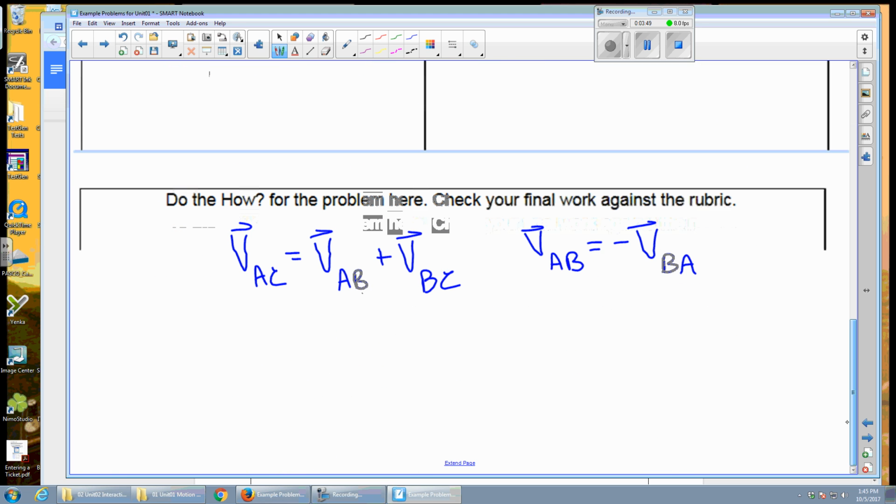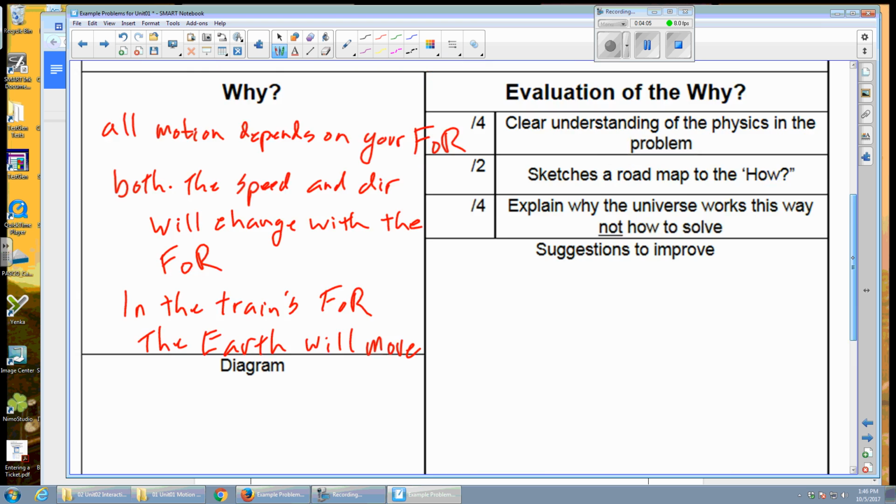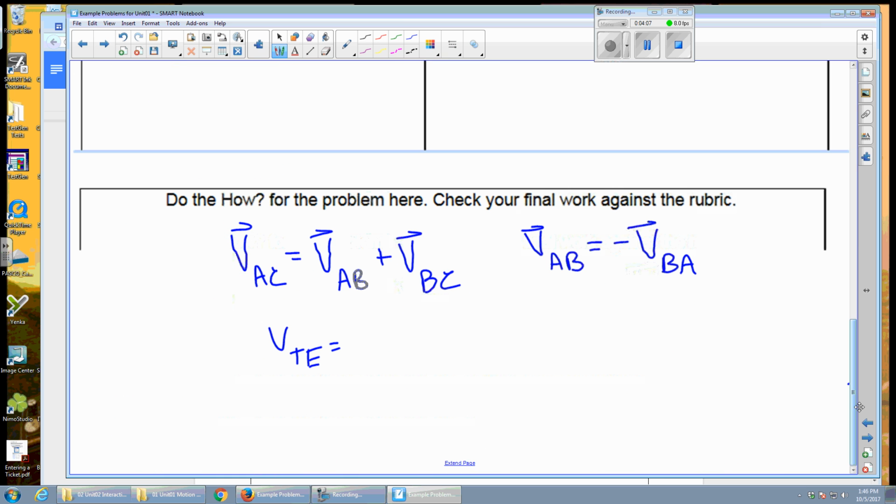And they want to know all three velocities from the train. Is it okay if I call to the right positive? Okay, so the velocity of the train with respect to the earth is plus 15 meters per second.